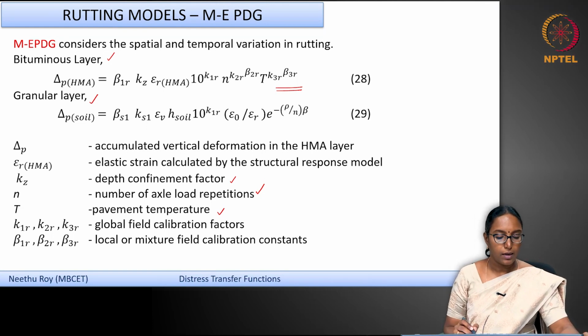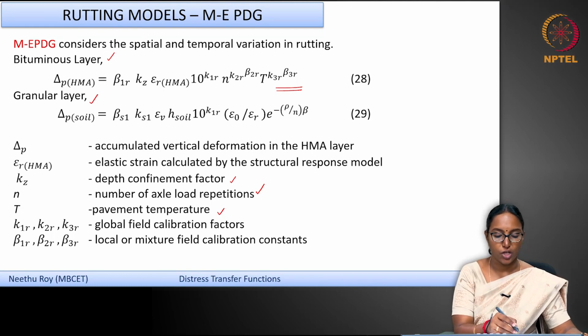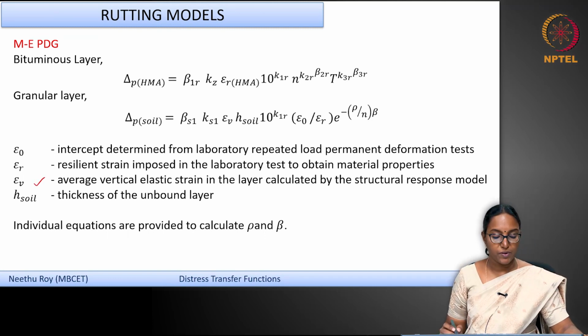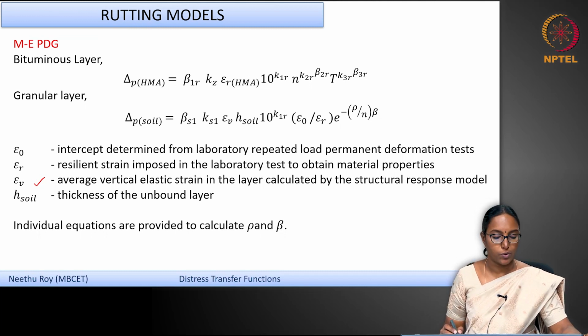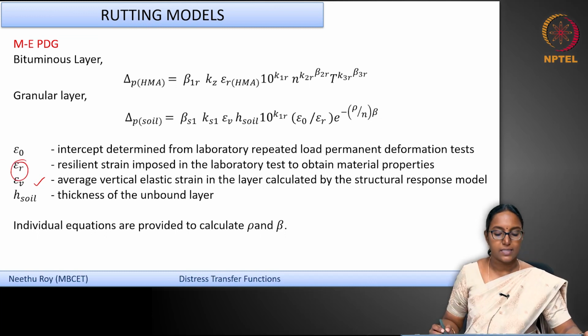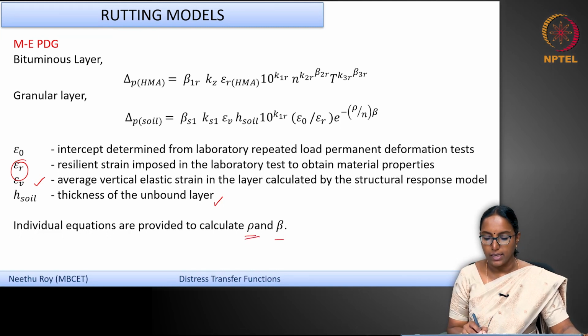You have another expression for the granular layer, which is delta P for soil, with parameters like epsilon V, the average vertical elastic strain in the layer, again calculated by the structural response model, and epsilon R, the resilient strain imposed in the laboratory test to obtain the material properties. Then H soil is the thickness of the unbound layer, and there are also constants like rho and beta here.